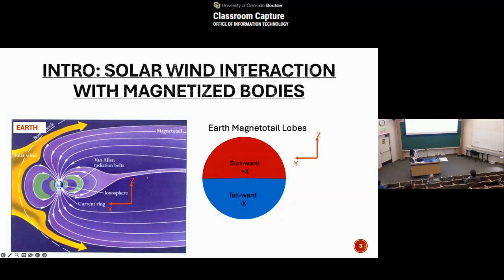Or if you look at the left, we have the magnetic field coming out from the planet, and here in the south, we have magnetic field coming out from the planet and pointing away from the sun in the south and towards the sun in the north. So that's the general frame we're going to use in this talk.